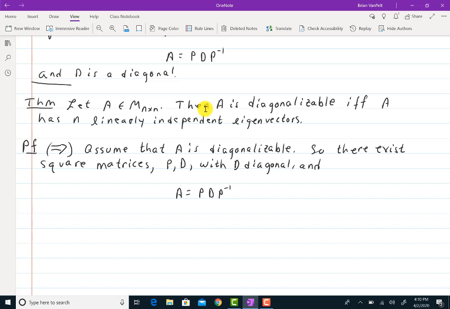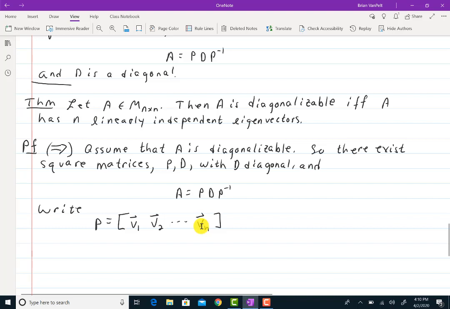So let's do this then. Let me write P equals V1, V2, up to Vn. We've done this before. I'm imagining that P is an n by n matrix, and it has n columns of these vectors. Each of these vectors is n by 1 in size.